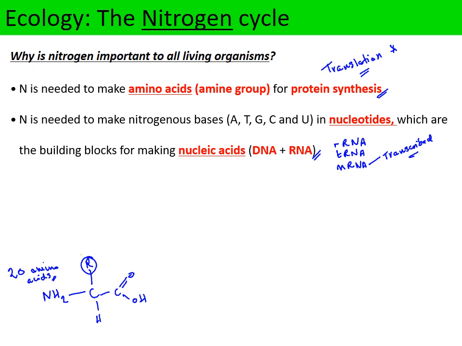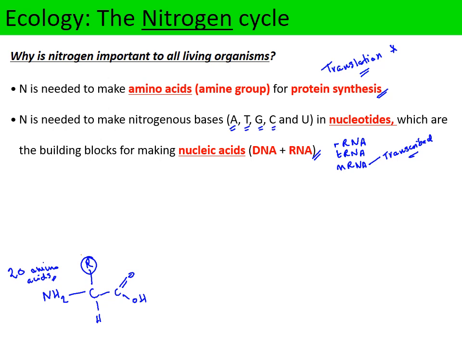So there are three different types of RNA, and we know DNA and RNA are both nucleic acids. We know each subunit is made from three parts. So it has a phosphate group, it has a pentose sugar, and we know in DNA it's deoxyribose, and in RNA it's ribose. And we also know the third part of the nucleotide is the nitrogenous base. So nitrogenous bases in DNA can be one of four types.